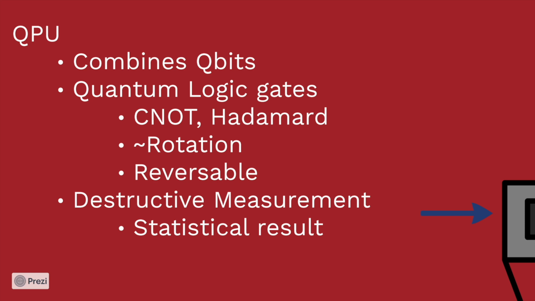However, operations can be represented as quantum logic gates, similar to the logic gates of Boolean logic. The application of a gate is then equivalent to a rotation of the pointer on the Bloch sphere of the affected qubit or qubits. Popular gates include the CNOT or controlled NOT gate and the Hadamard gate.